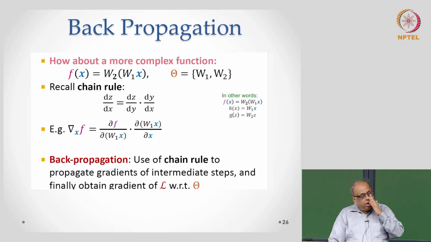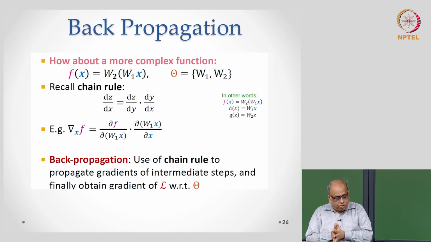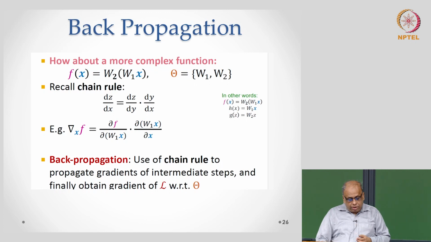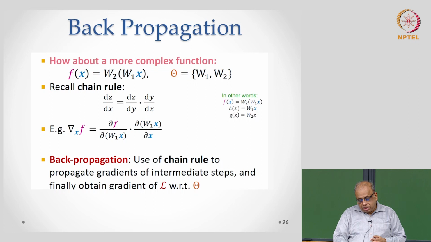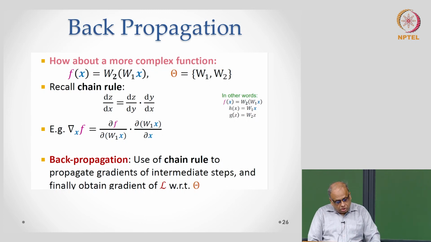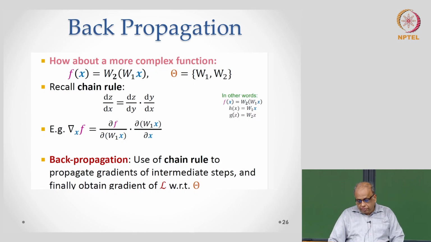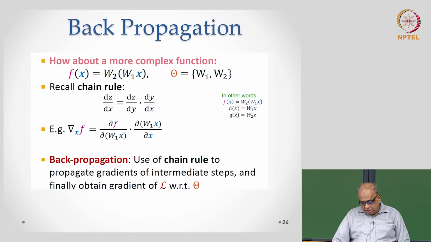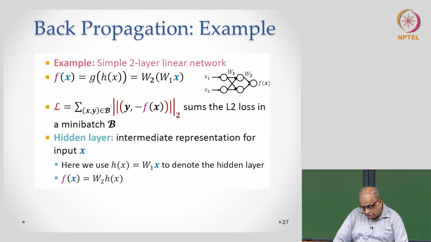So what you are doing is taking advantage of the chain rule. In each step, you are trying to minimize the gradient. First you will try to minimize the gradient for dz/dy, then for dy/dx, and so on. So back propagation uses the chain rule to propagate the gradients of intermediate steps and finally obtain the gradient of the overall loss function. That is how back propagation works.